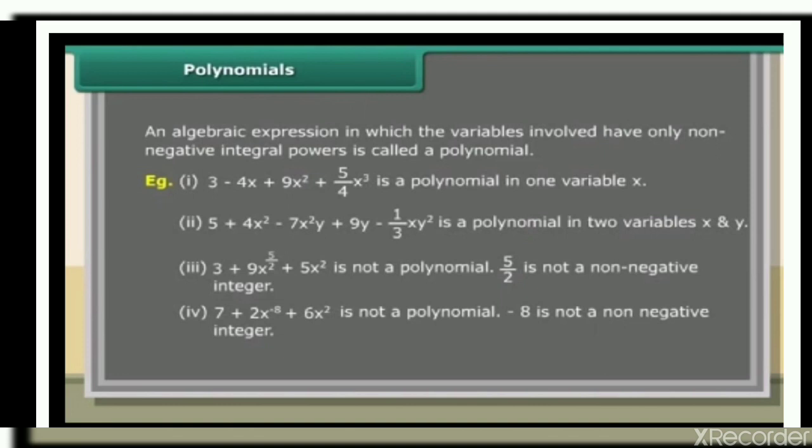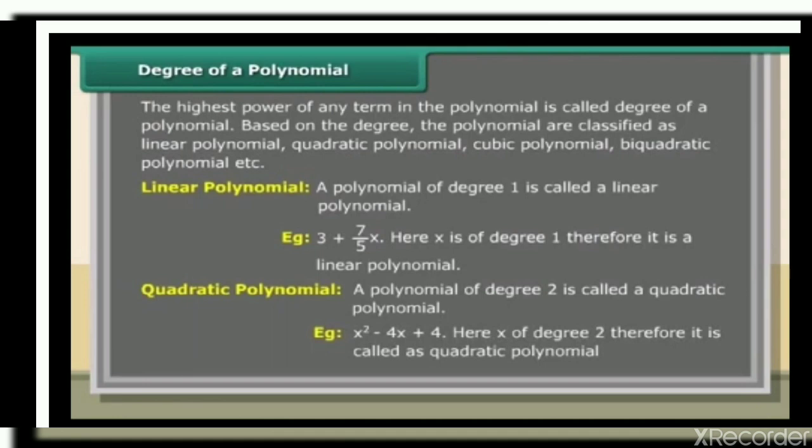Now 3 plus 9x to the power 5 by 2 plus 5x square is not a polynomial because 5 by 2 is not a non-negative integer. Now 7 plus 2x to the power minus 8 plus 6x square is also not a polynomial because minus 8 is not a non-negative integer.